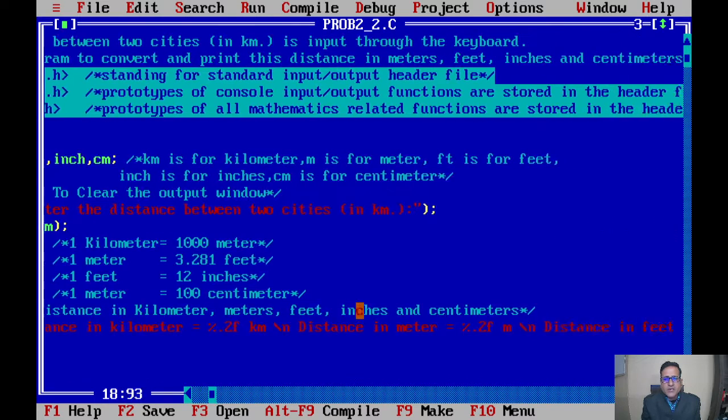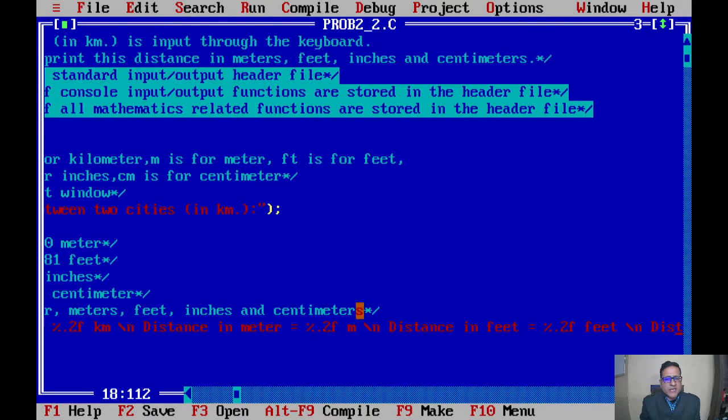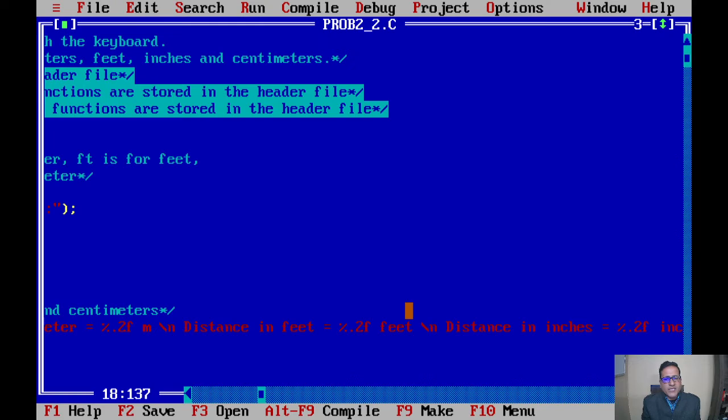This .2 is for 2 decimal places. After that we take the \n to go to the next line and write the distance in meters, which again I take for 2 decimal places. Likewise \n, and a new line will come when printing these outputs. Here I use distance in feet, and again an equal sign, %.2f.